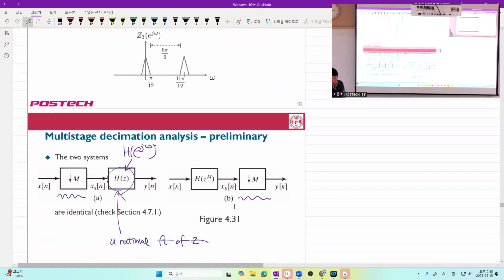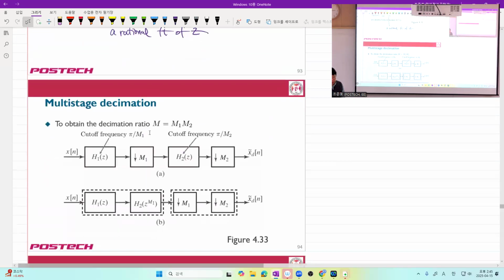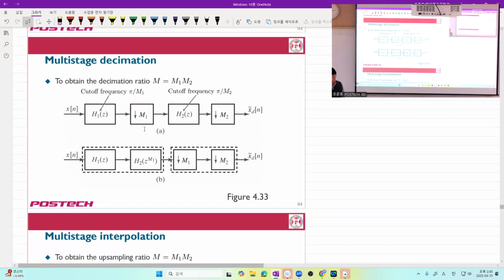So in multi-rate signal processing, you will see something like this repeatedly. Sometimes it's a square root, but anyway. So you find why we have this z to the M there. Got it? So let's see.